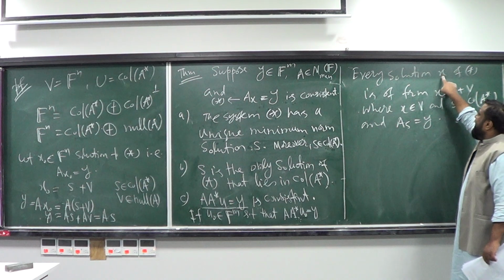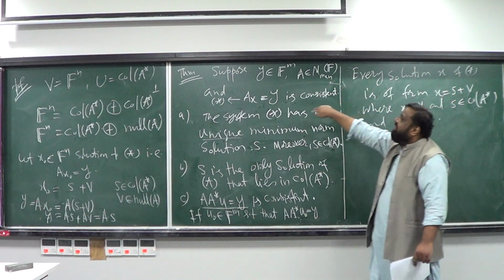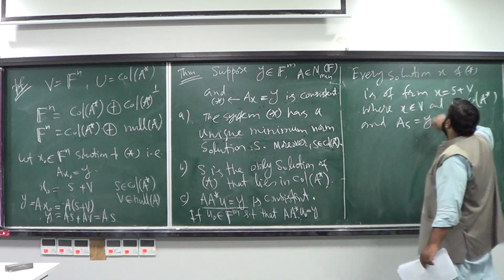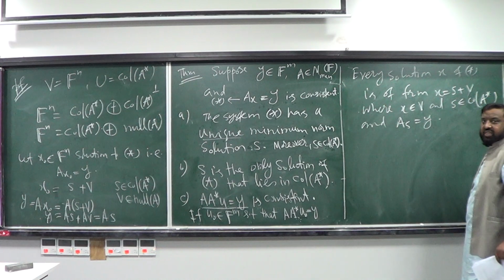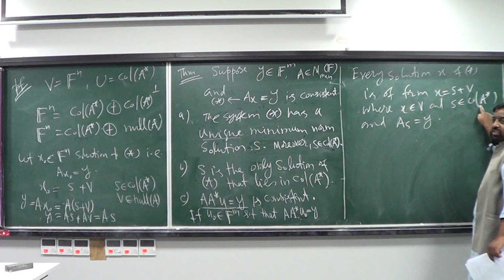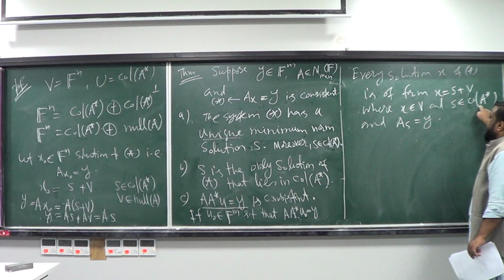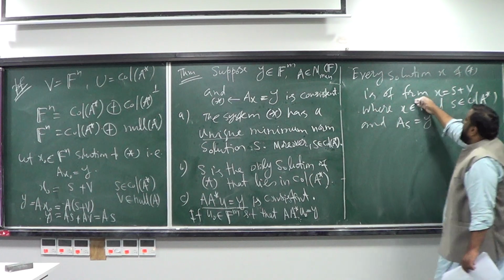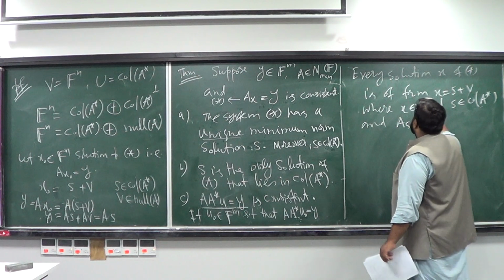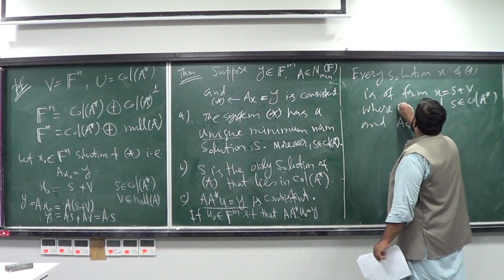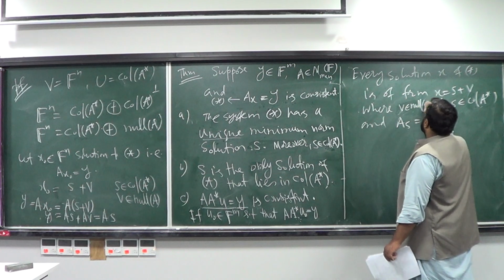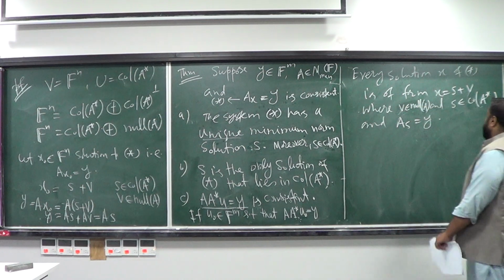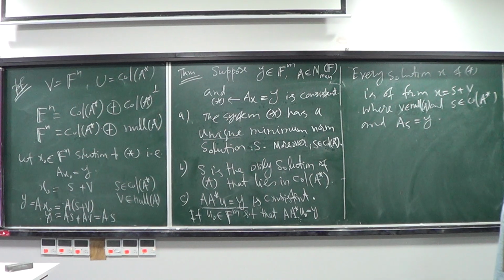Because if x is an arbitrary solution of this, then x can be written as s plus v, where s is the element from the column space of A star, and v is some vector from the null space of A. v belongs to the null space of A, s is in the column space of A star, and A s is equal to y. Okay?